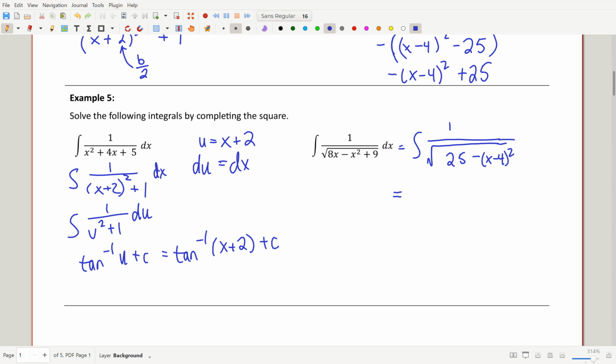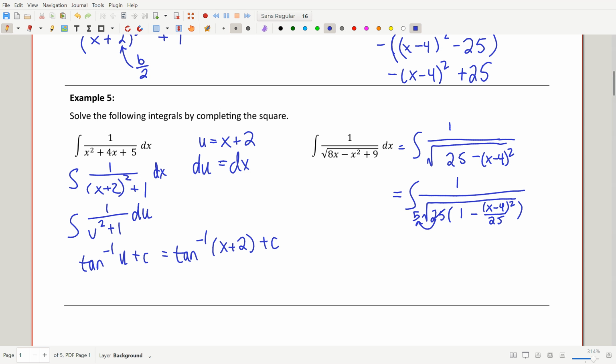So I'm going to factor a 25 out of this expression. This will be really similar to what we did earlier. So that's the square root of 25 times the quantity 1 minus x minus 4 over 25, and the x minus 4 is squared. Bring the 25 out of your square root as a 5.